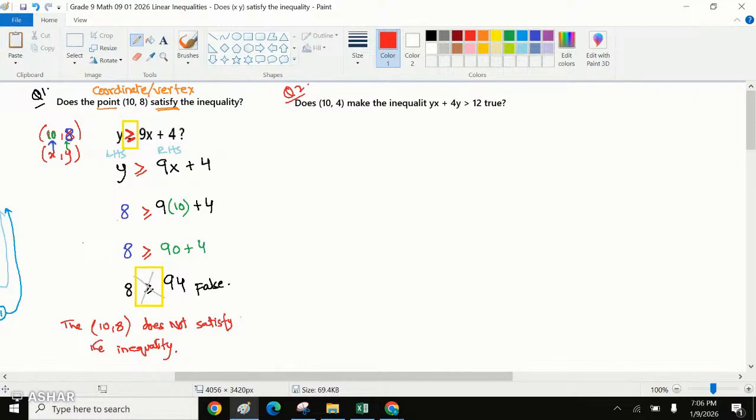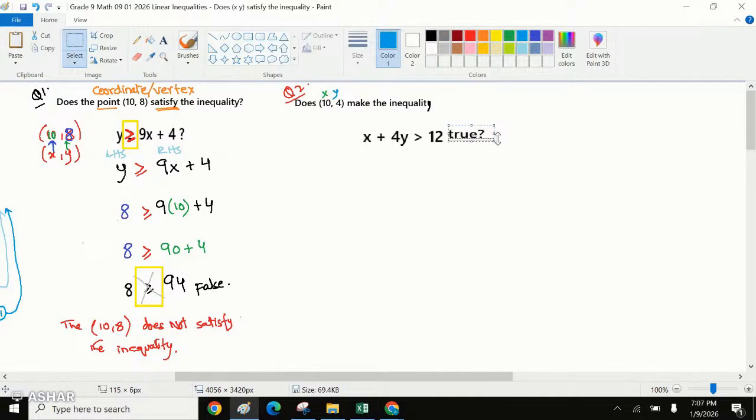It looks like yx plus 4, but this is not yx, it's just a typing error. It is from here till here. This is given as the inequality. So we have the point 10 comma 4, so can we say this is the value of x and this is the value of y? Let's put these values into the inequality and see whether it's true or not.